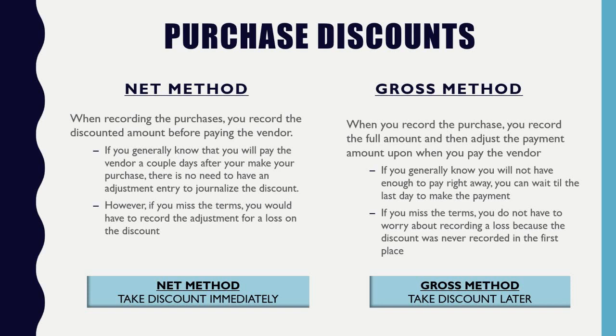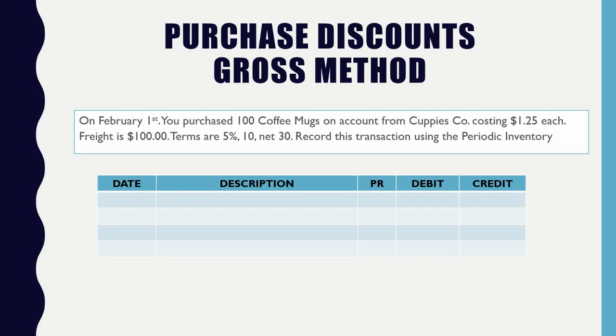Now let's go ahead and apply it to an actual scenario so we can see and understand how this works. So for example, on February 1st, you purchase 100 coffee mugs from Cuppy's Co. Each coffee mug costs you $1.25.